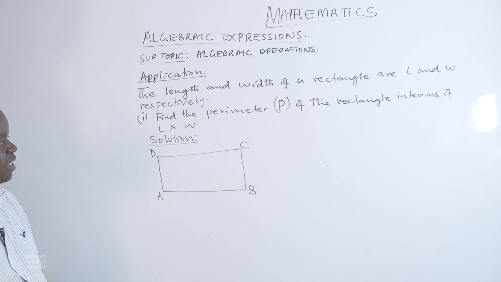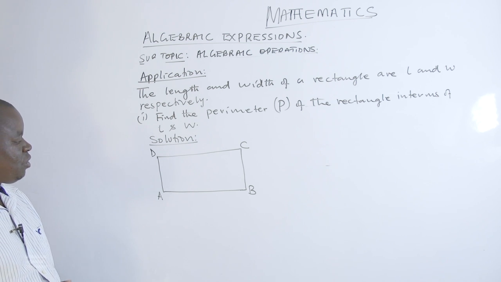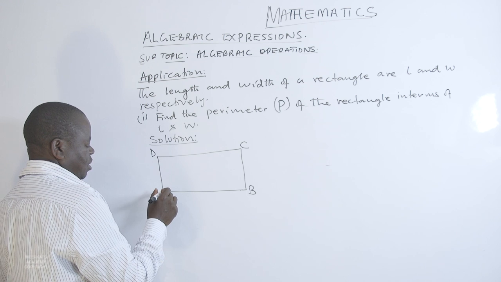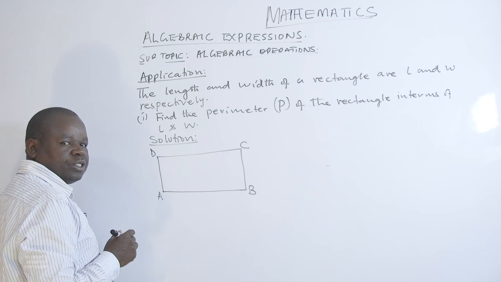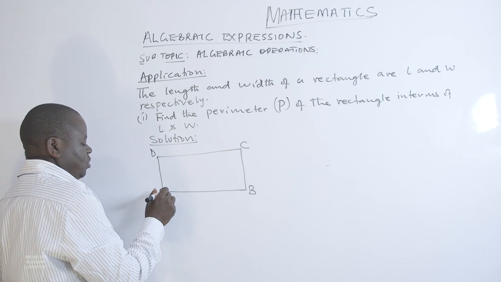we know that perimeter is the total distance around the object.